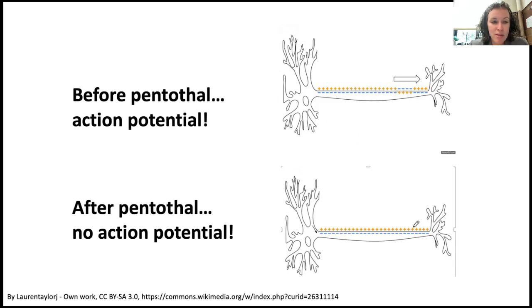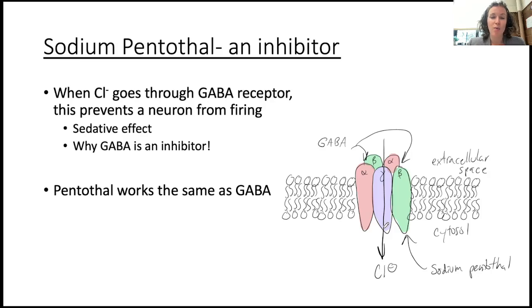So what happens is after GABA or after sodium pentothal, there is no action potential. It was inhibited, it was blocked, all because we have now this negative charge being moved from the outside to the inside.